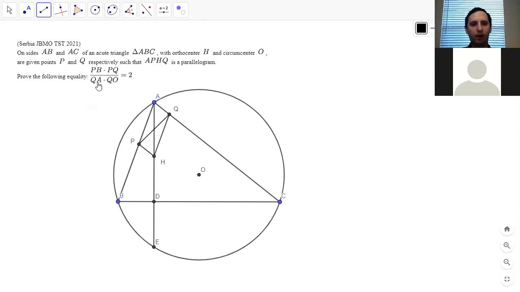So we know QA is equal to PH. So we could say this is PB times PH, or PB over PH, and then PQ over QO. That's interesting. So maybe we could find QO by using power of a point. So QA times QC is QO squared minus R squared. I don't know if that's the best way to do it.